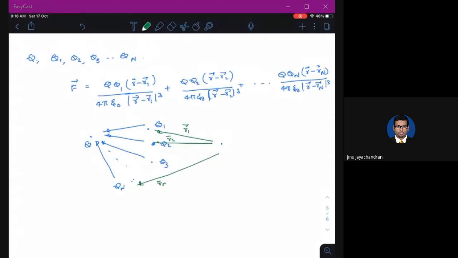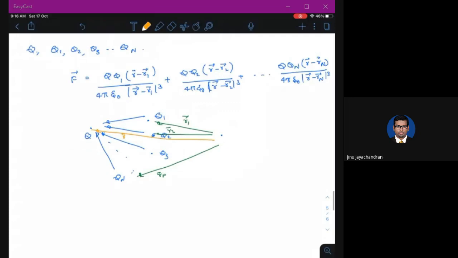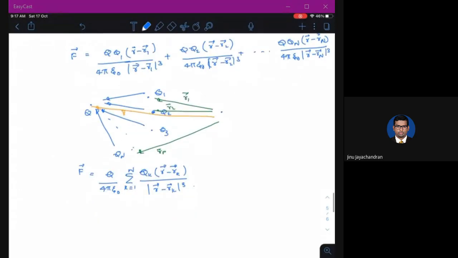Okay, and the position vector of Q with respect to origin is R. Okay, which you can finally write as a summation as F is equal to Q by 4 pi epsilon 0 sigma k equal to 1 to n Qk into R minus Rk by magnitude of R minus Rk cube. Okay, so this is the total force applied on charge Q by different charges Q1 up to Qn.